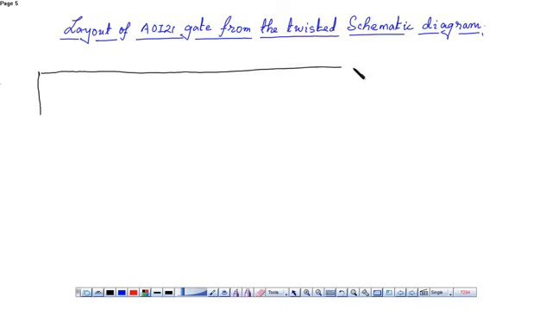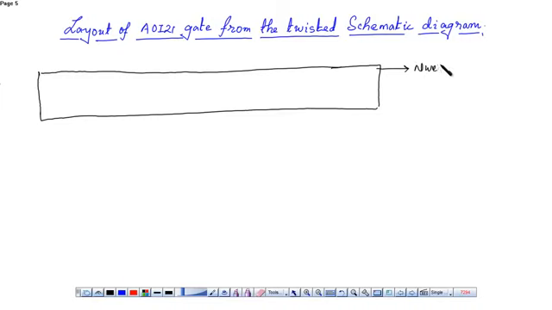You have to take a larger area. This is the N-well layer. Then you have the P diffusion layer. P diffusion layer is brown in color.